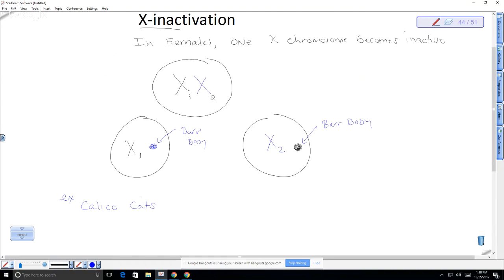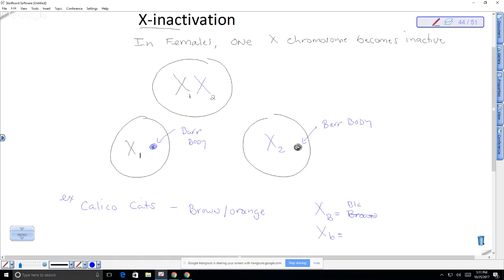Yep. Okay. So specifically, calico cats that are brown and orange. If they have white on them, that's another gene, but the brown-orange coloration is X-linked. So I'll write X with a big B is brown, X with the little b. I think I screwed that up.